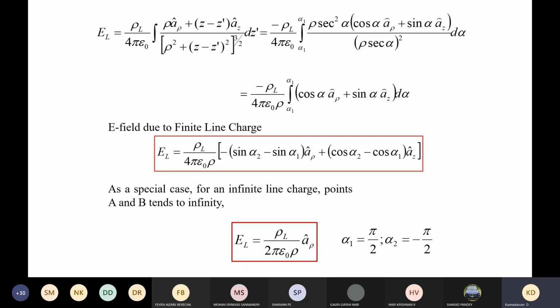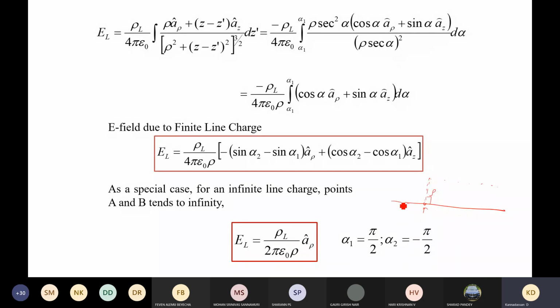Some special cases we have also seen, for example an infinite line charge. If we take an infinite line charge, wherever the point P is located, it will come under a point such that rho meets a perpendicular line. Anybody can easily take this as the center point.